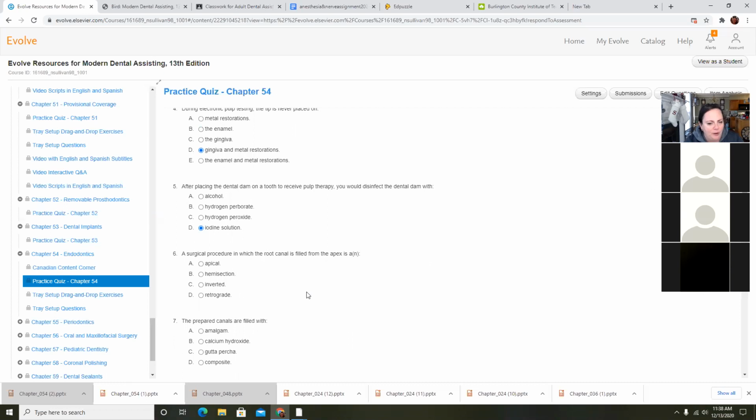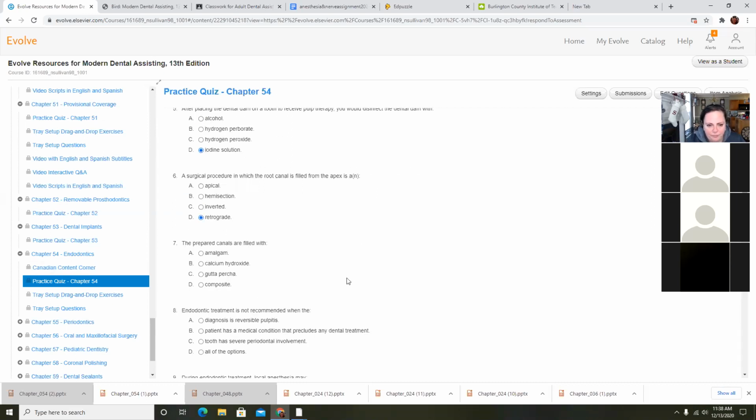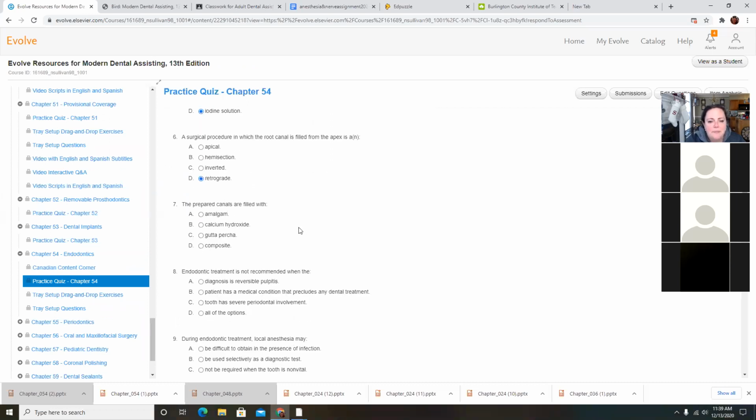It's not an apical. It's upside down, so it's going to be inverted. Not inverted, retrograde. Retrograde. The prepared canals are filled with gutta percha?